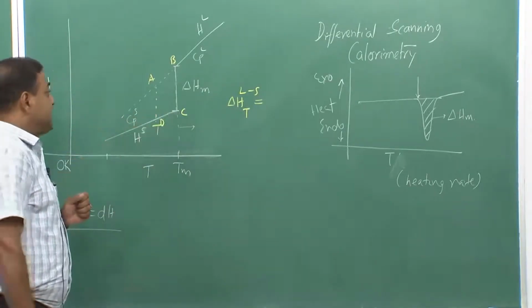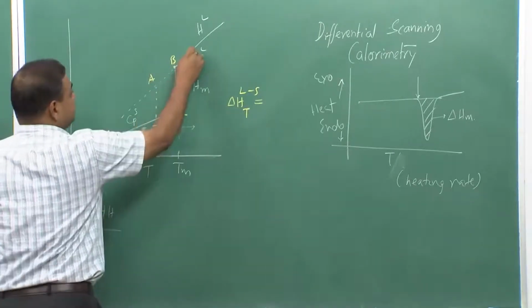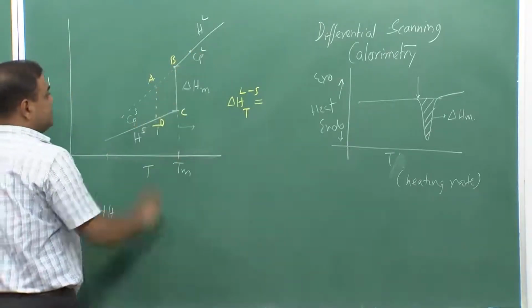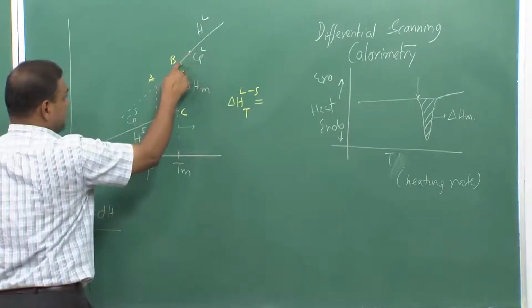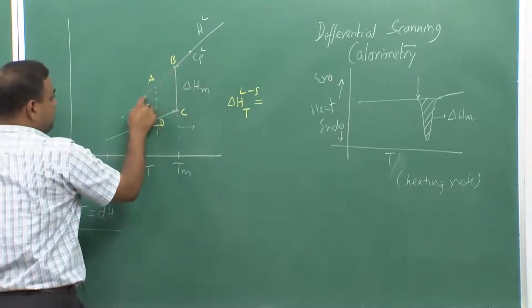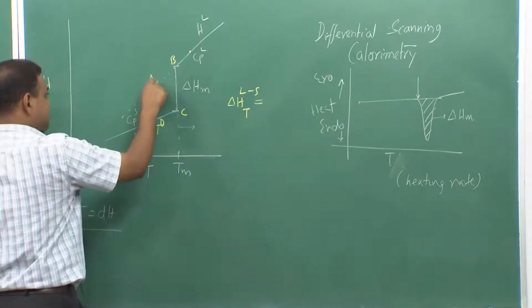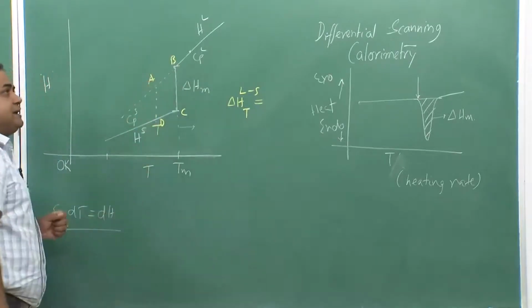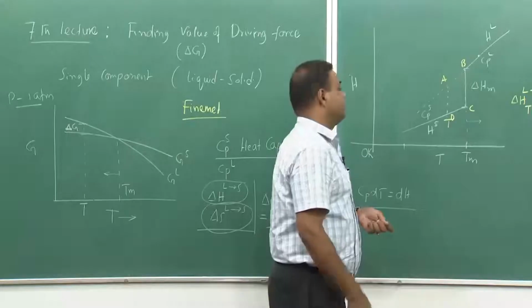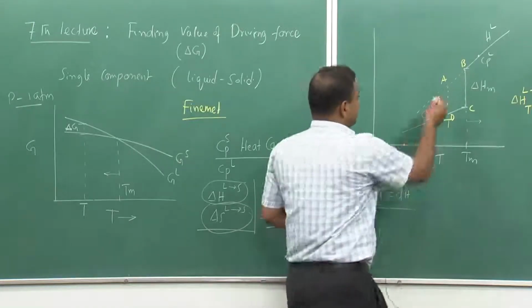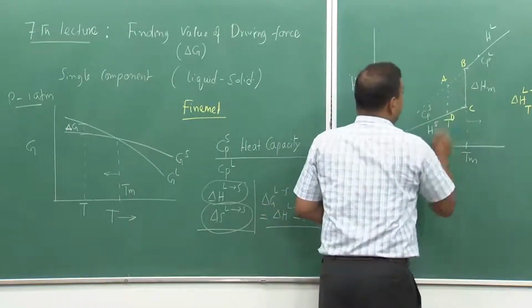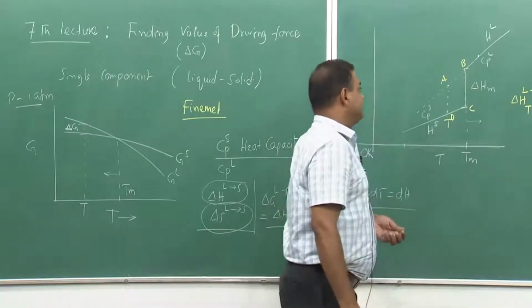Fine. So, this is a DSC graph, we can easily calculate this. Now, since we know this value, can we make use of it while calculating del H for liquid to solid transformation at any temperature below Tm? So, from this point if we start, it will be all liquid, and then gradually it is following this path.